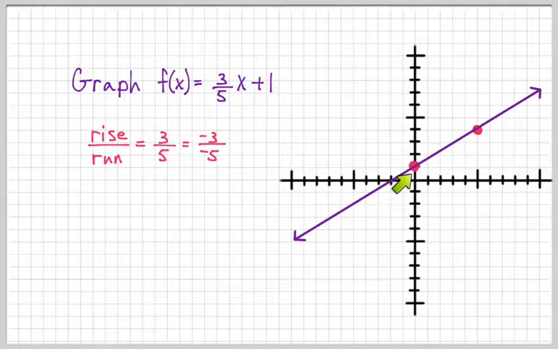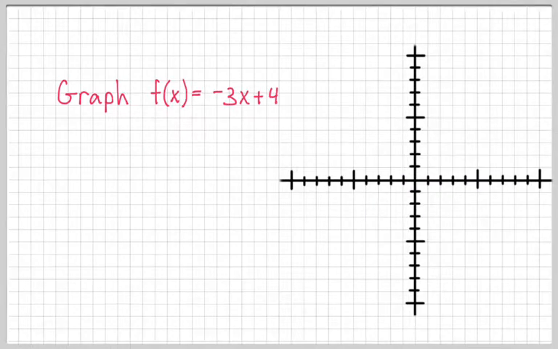So I could also choose to go down 3 and left 5, and that would put me here, which gives me just another point on this same line. So if slope is positive, I can either go up and right or down and left.